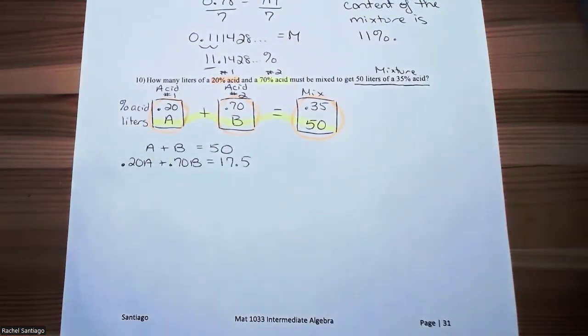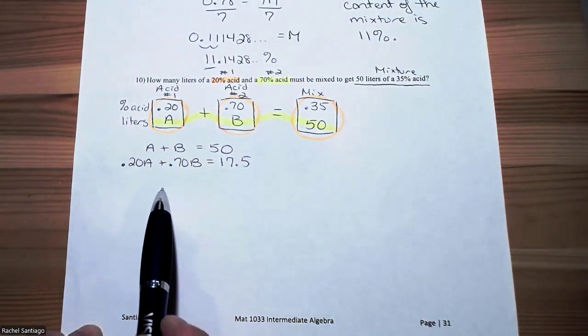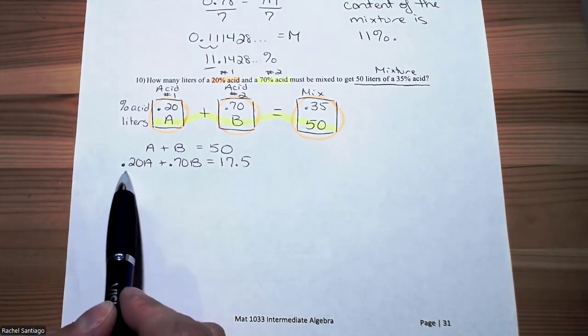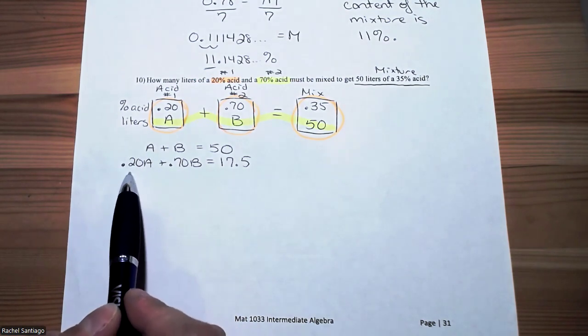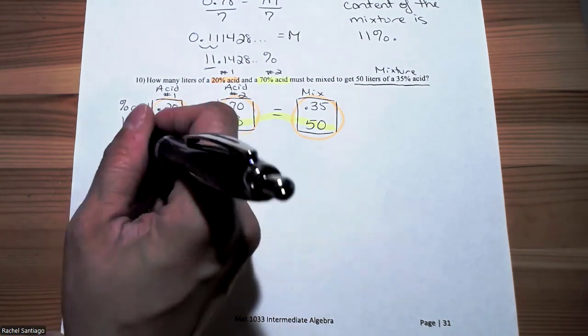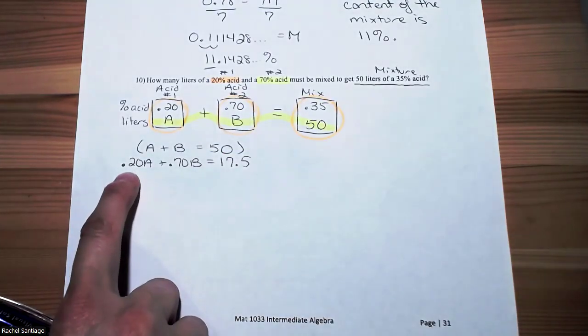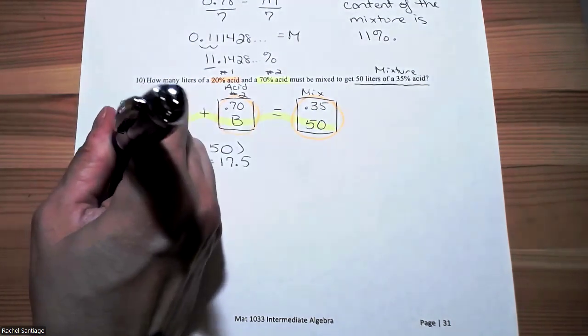Now, this system is perfect for elimination, and that's exactly what I'm going to do because I love elimination. So out of these two variables, I'm going to choose to eliminate A because it has the smaller coefficient. I prefer to do that. That way my values tend to be more positive. I am going to do that by multiplying our top equation by the opposite coefficient, which is negative 0.20.